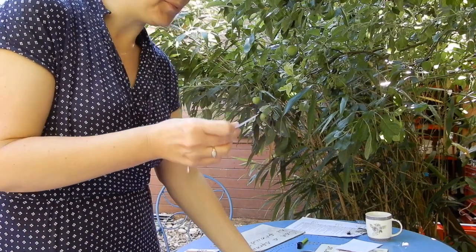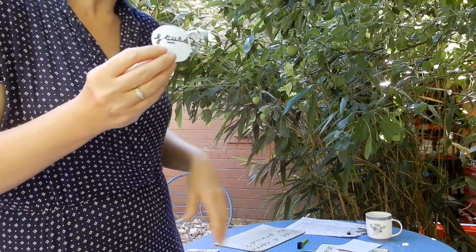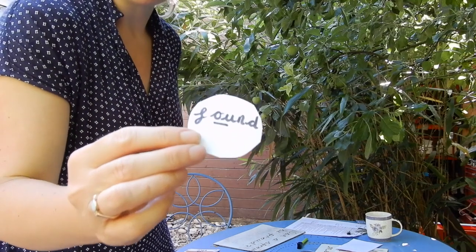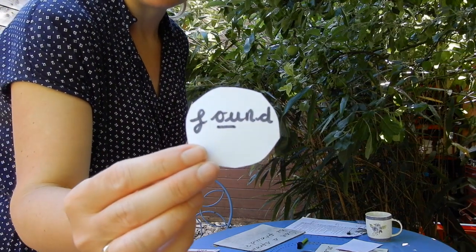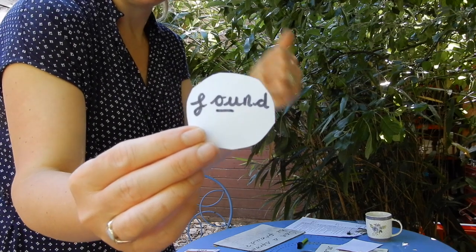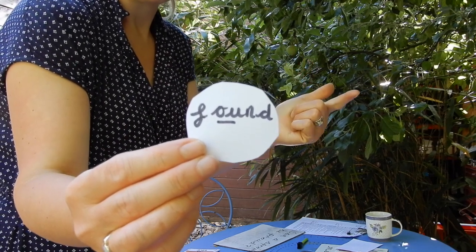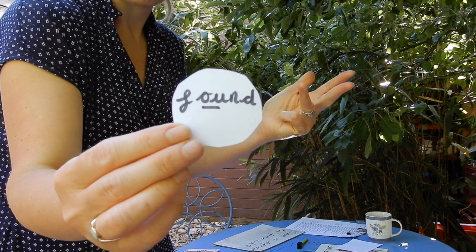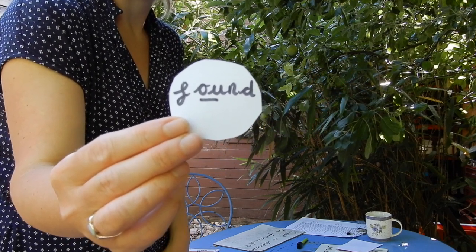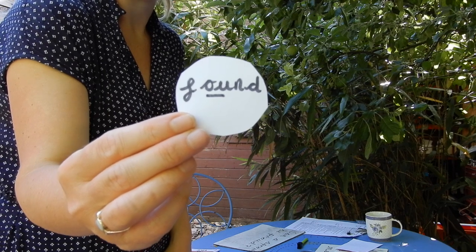So, coin number 1. Okay, and I'm going to put real words over on this side and rubbish words over on this side. So, real word number 1 is this one. Okay, you can see my digraph underlined. So I've got the initial sound, my digraph, and then 2 single sounds after that. Okay, so you can pause this video and read it by yourself first and then blend it and make sure you know what it means.